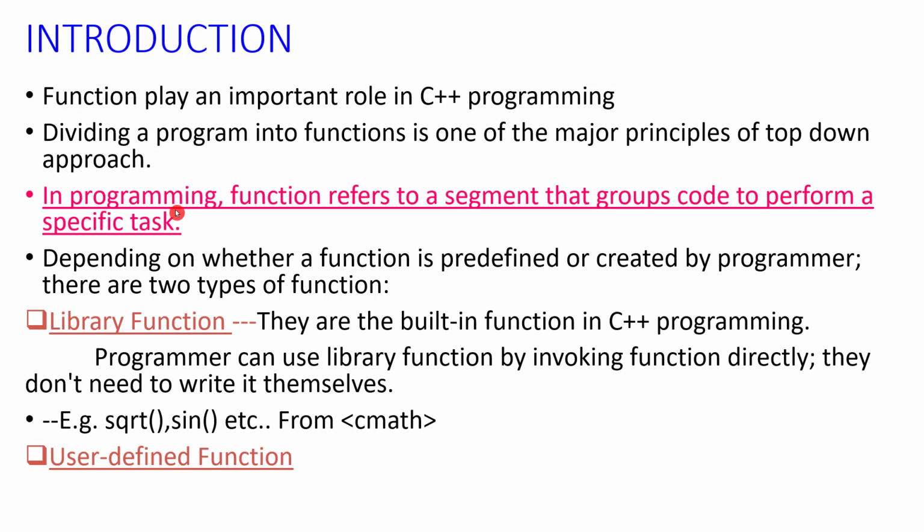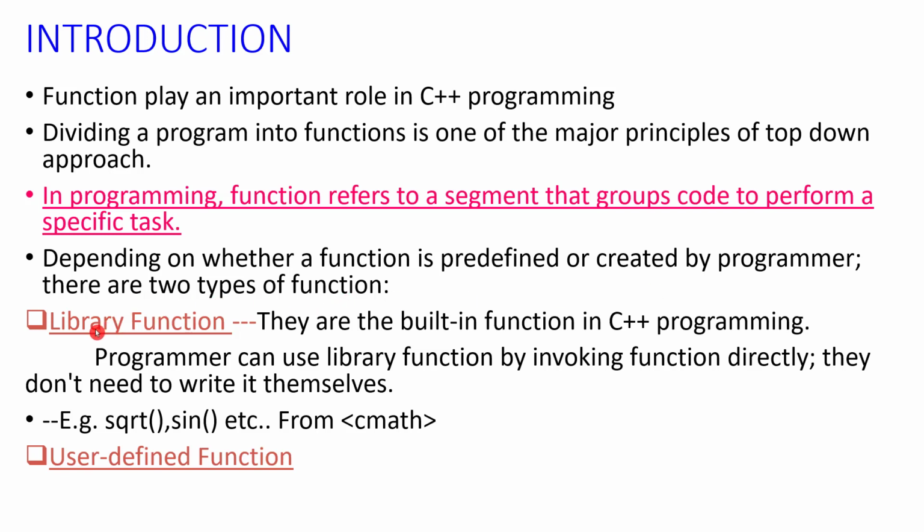In programming, a function refers to a segment that groups code to perform a specified task. Depending on whether a function is predefined or created by the programmer, there are two types of function.